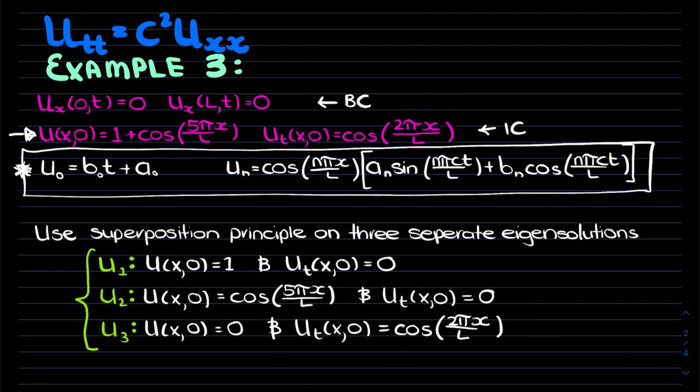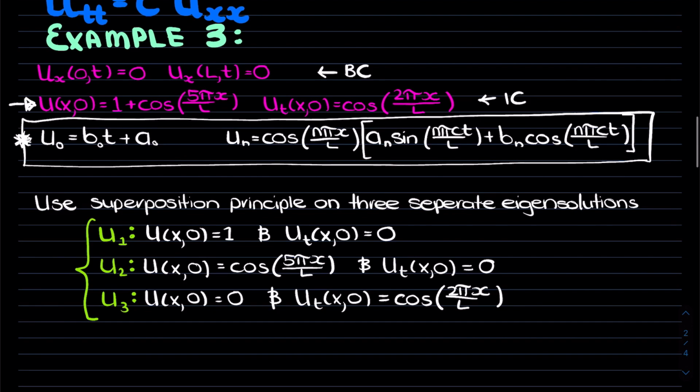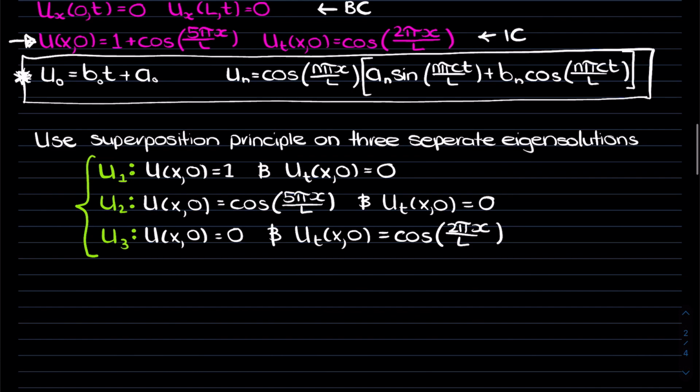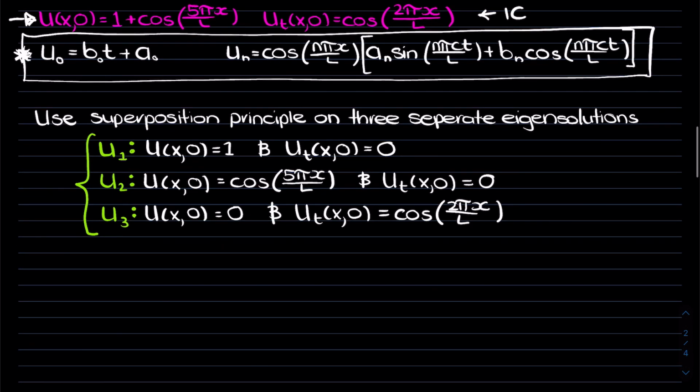So all I'm going to do is show you that it's very similar to the previous example we just did, in that we use the superposition principle on 3 separate eigensolutions. So we're actually going to find 3 separate solutions that are independent of each other. The first solution is going to satisfy these 2 conditions, the second solution, sorry, is going to satisfy those 2 conditions, and the third is going to satisfy those 2 conditions.